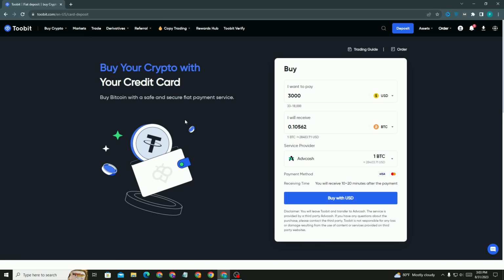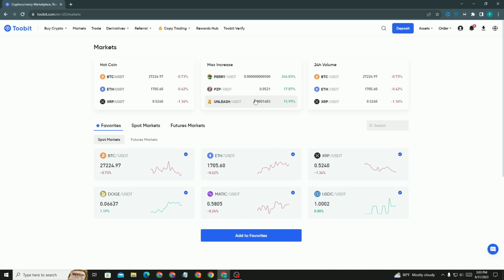I have already taught you this, so now let's move on to the market. Let's overview the market, what types of markets there are for cryptocurrency trading. Here you can see the market, hot coins, max increase, and 24-hour volume. For BTC, over the 24 hours it is decreasing, and for ETH also.